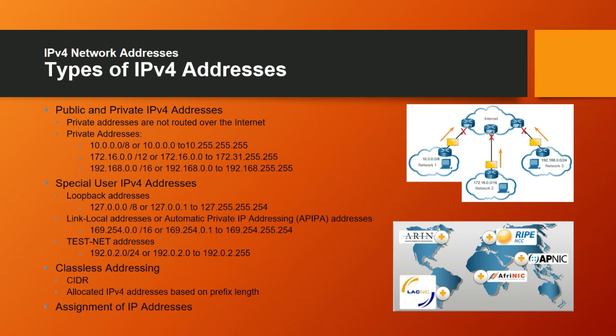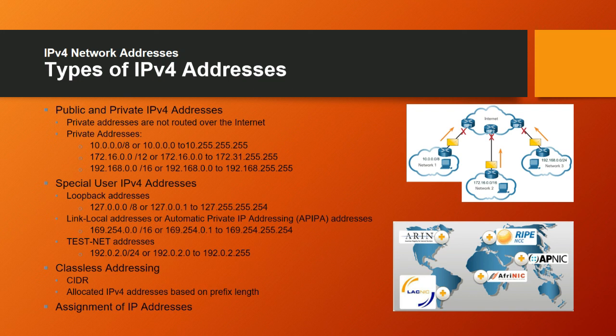Private addresses are 10.0.0.0/8, or 10.0.0.0 to 10.255.255.255; 172.16.0.0/12, or 172.16.0.0 to 172.31.255.255; and 192.168.0.0/16, or 192.168.0.0 to 192.168.255.255.